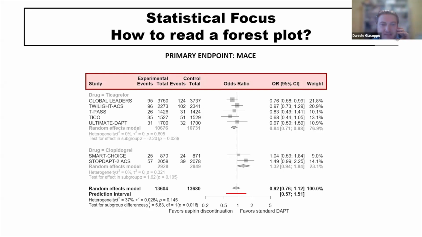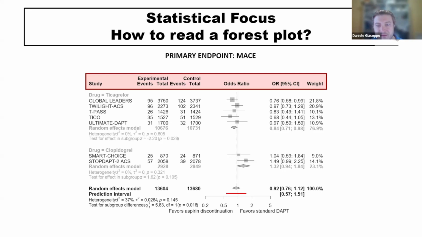In our case, the number of events and the total are representative of the distribution, the absolute rate in the two populations, and we have the corresponding odds ratio on the right side of the panel.